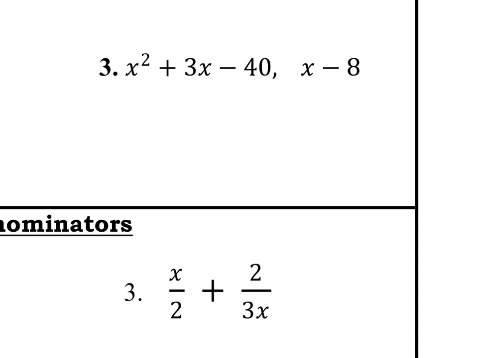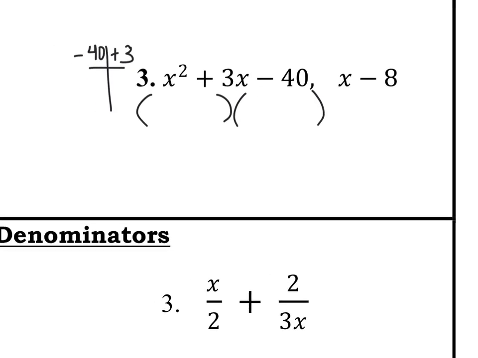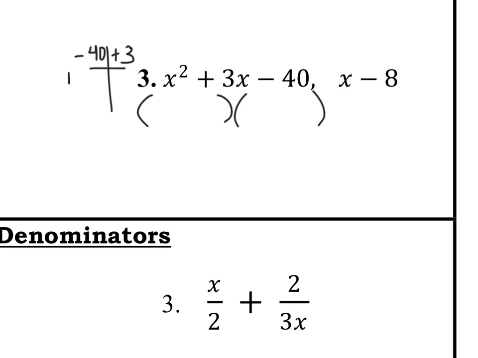Again, I need to factor. A is 1, so when A is 1, I'm looking for factors of negative 40 that add to positive 3. Well, what are all of my factors of negative 40? I have 1 and 40, 2 and 20, 3 does not go into it, 4 and 10, 5 and 8.